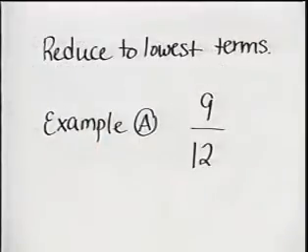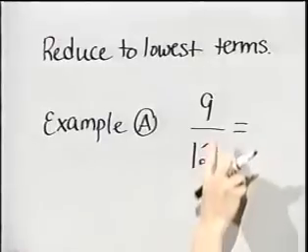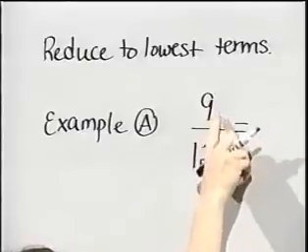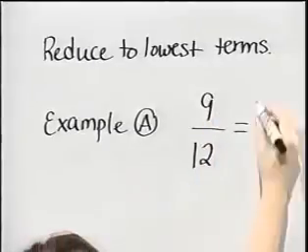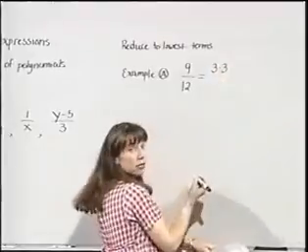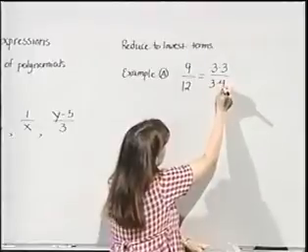Well, right away, you might come up with the answer 9/12 reduces to 3/4. I'm going to go about it a little longer way. I'm going to say, okay, you're looking for a number which divides into both 9 and 12. 3 works, because 3 times 3 is 9, and 3 times 4 is 12.